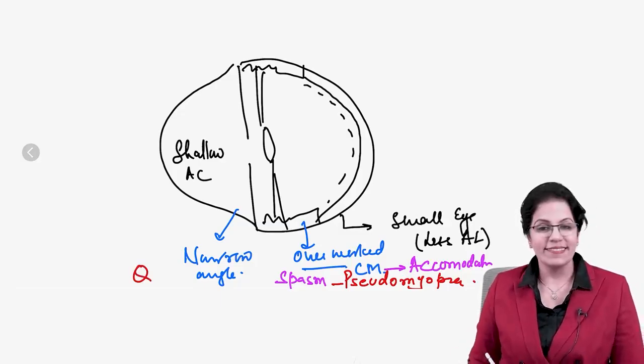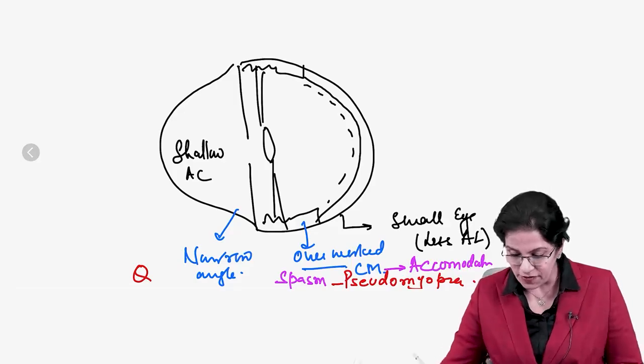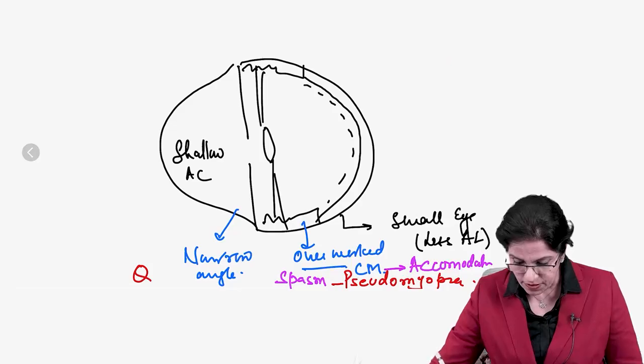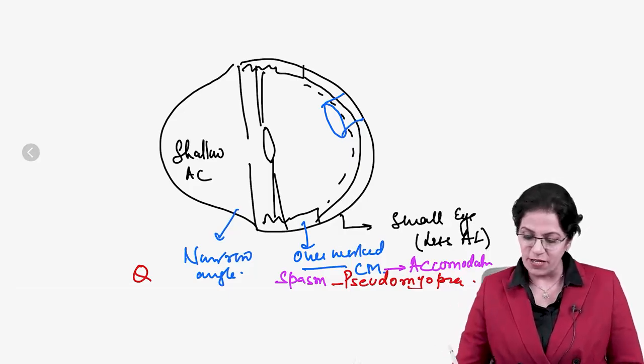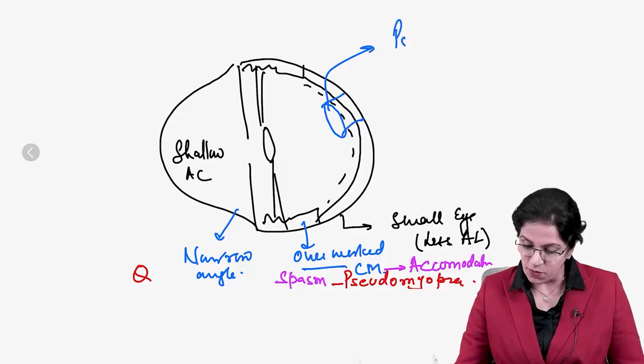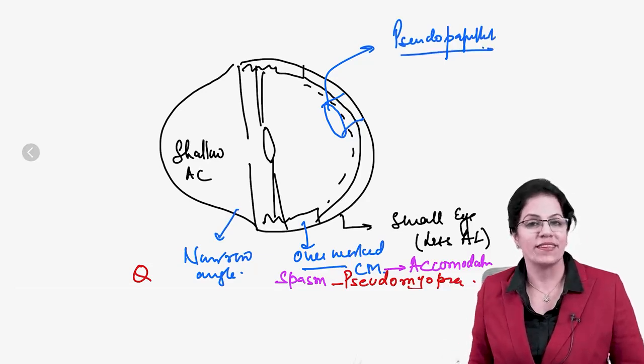Very important. Another important feature, when you look at the optic disc, we see a blurred disc margin. Though it is neither papillitis nor papilledema, as you have learnt in neuro-ophthalmology, this is called pseudopapillitis or pseudopapilledema. Generally, we use the term pseudopapillitis in hypermetropia.